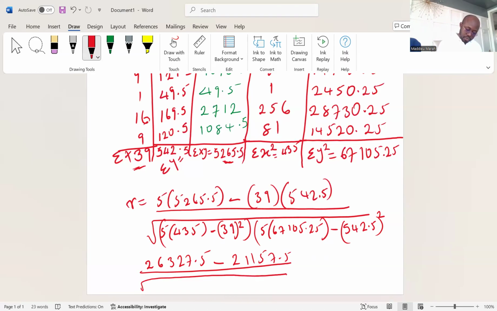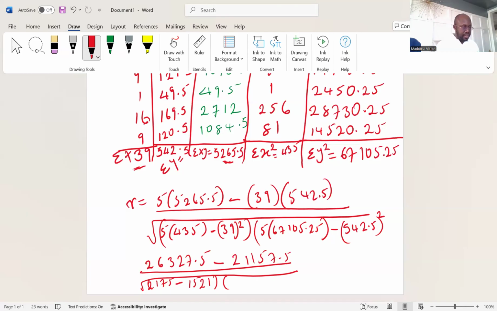We'll bring our square root. Come to the square root. 5 multiplied by 435 will give me 2175. 2175 minus 39 square, 1521. So this first bracket is done. Second bracket, 5 multiplied by 67105.25.